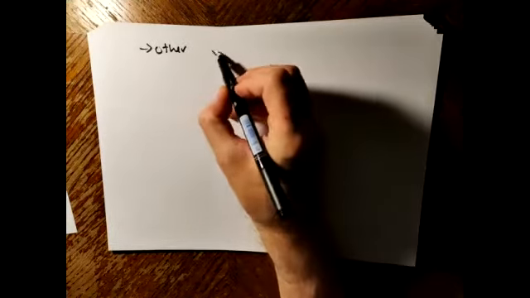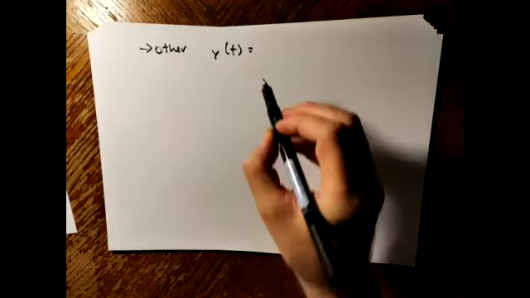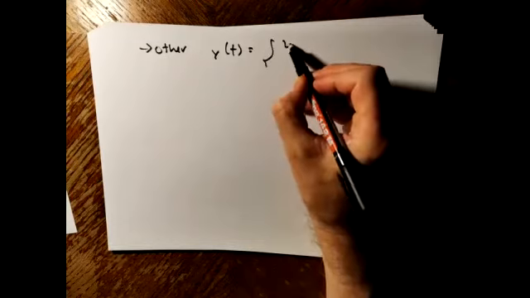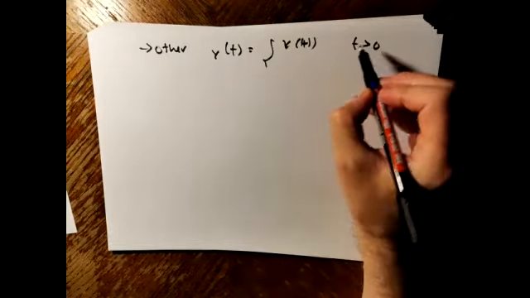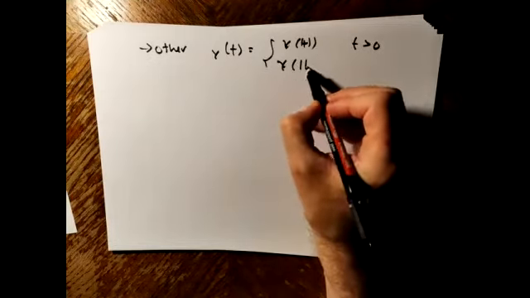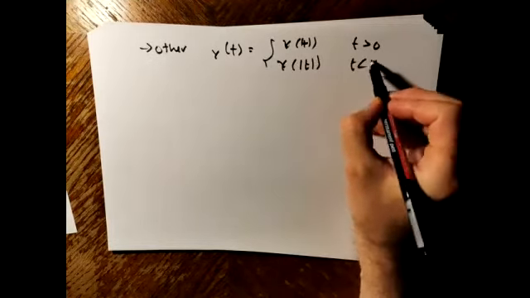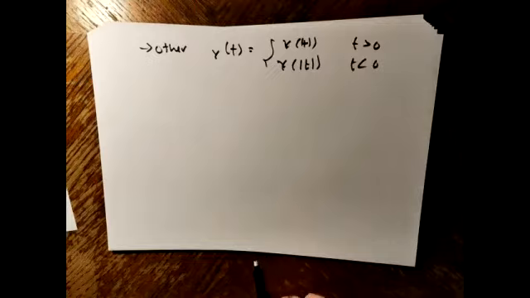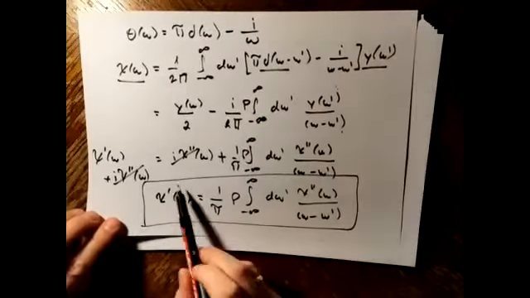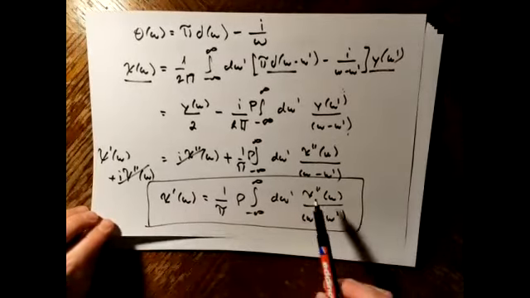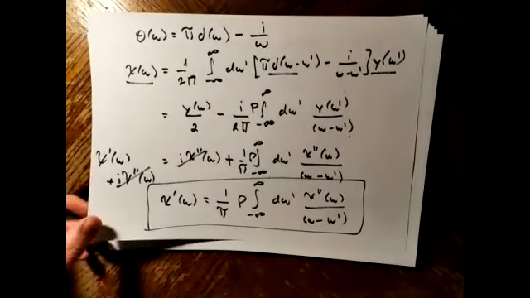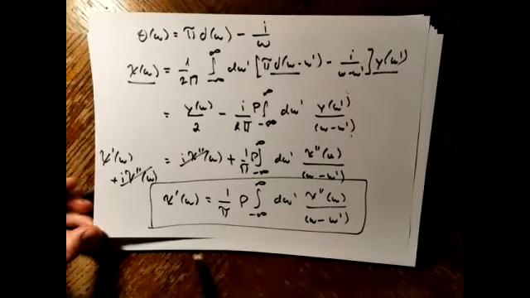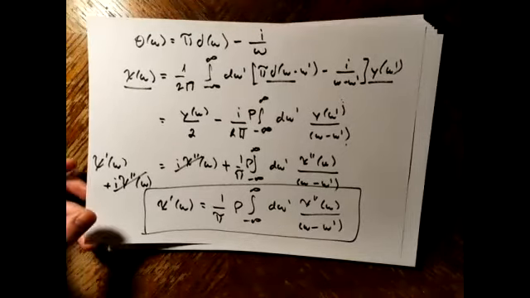So for the other, y(t) should be chosen to be χ(t) if t is greater than 0, and χ(−t) if t is smaller than 0. You're going to get something in which the imaginary part is on this side and the real part is on this side, and it's only going to be different by a sign compared to this expression. So it looks very similar to this.